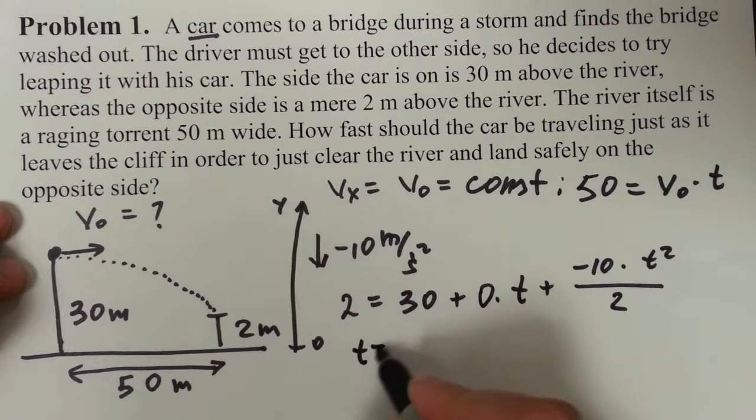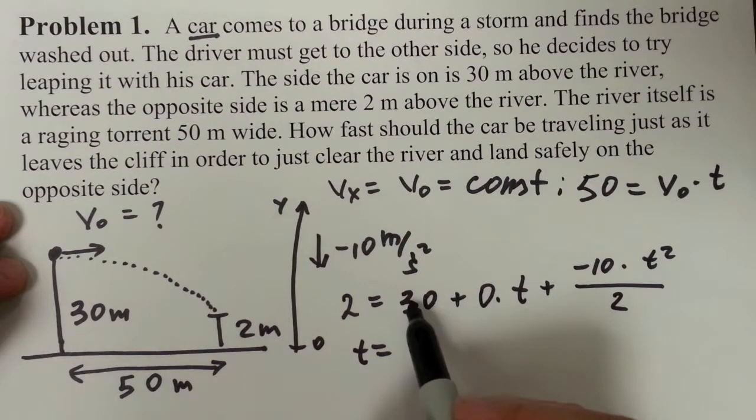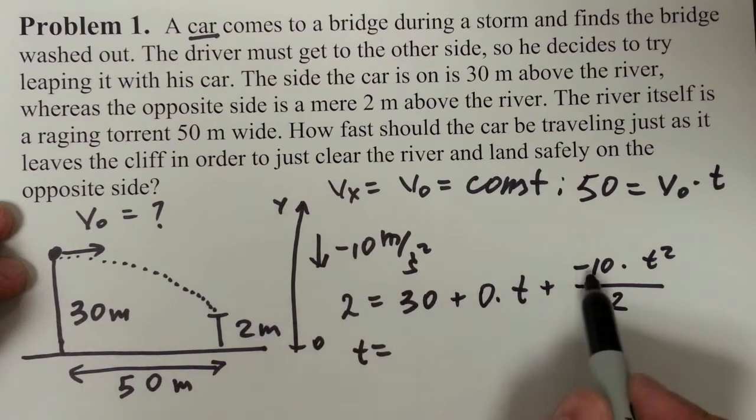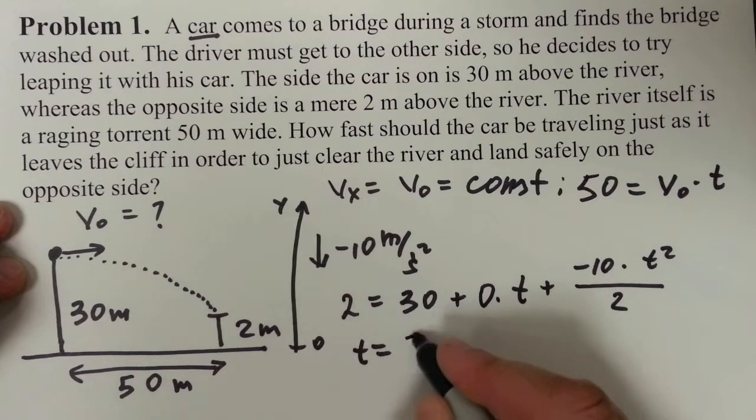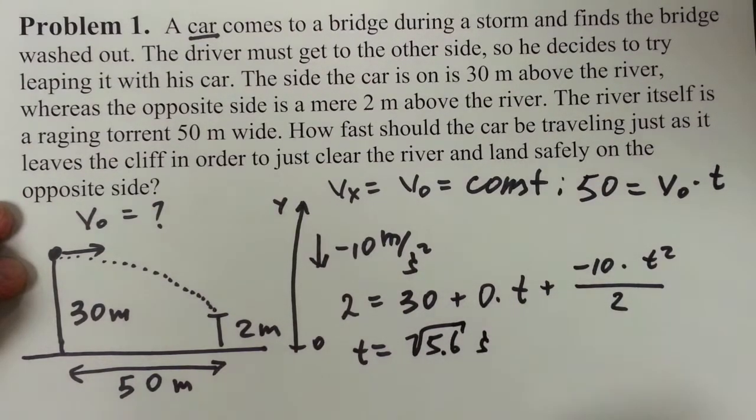So it turns out time is supposed to be equal to, well, that's 0. 30 minus 2, 28, 28, 56, 56 over 10, 5.6, square root of 5.6 seconds.